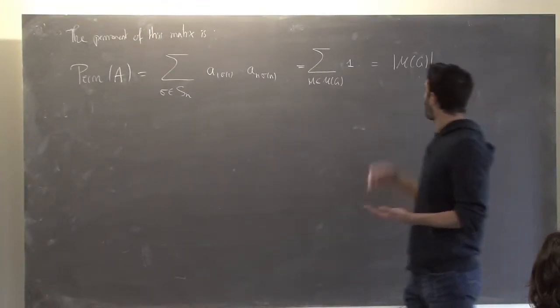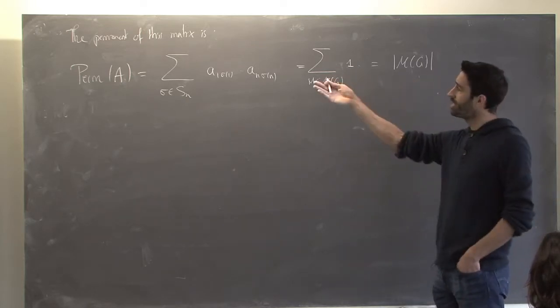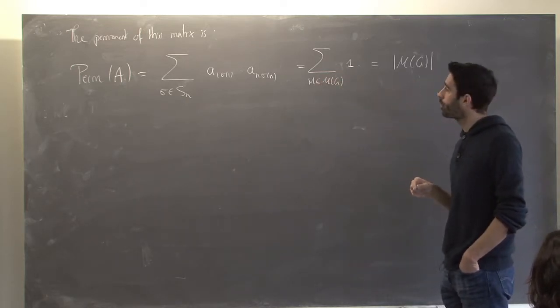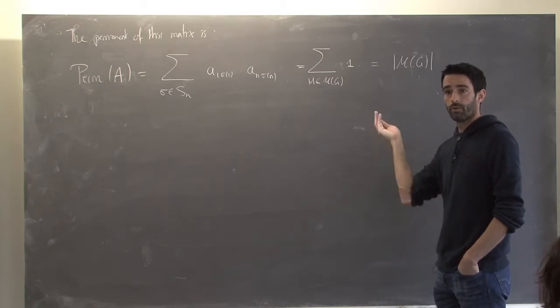So it means that actually if you want to compute the number of perfect matchings on a graph, you just, with many quotation marks, need to compute the permanent of a matrix.